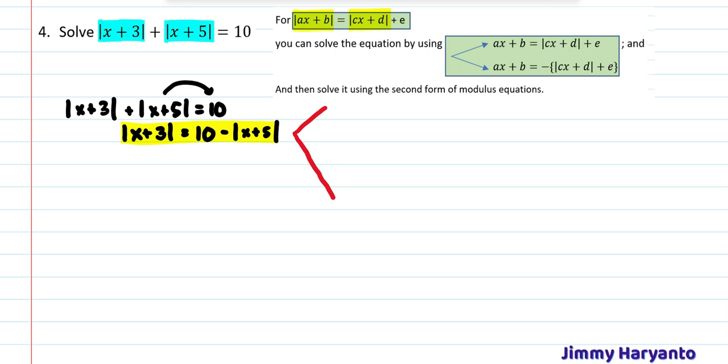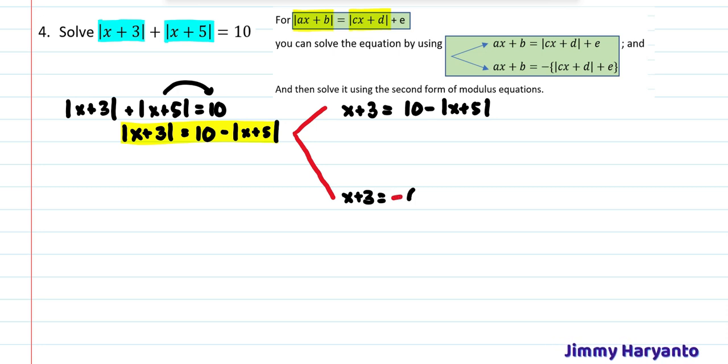So the modulus of x plus 3 will be gone, like this, and the first part will still be the same because it's positive. And the second part, x plus 3 equals, give negative on the right hand side.